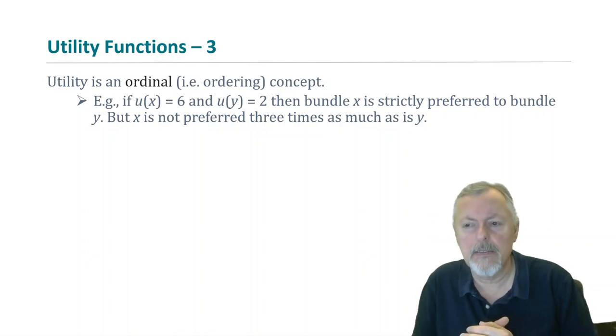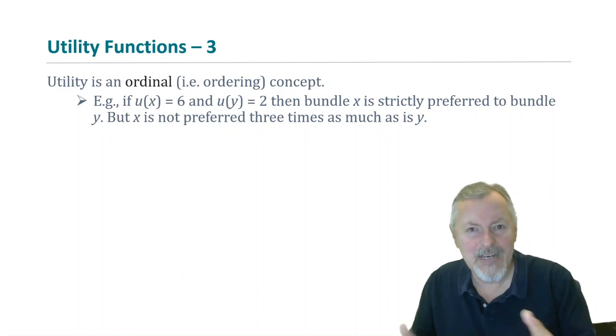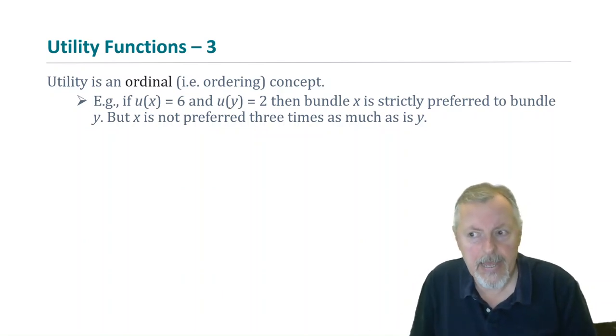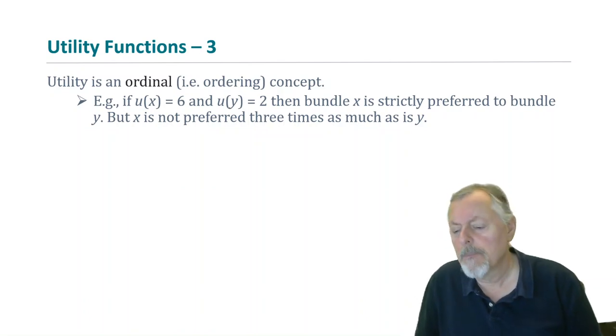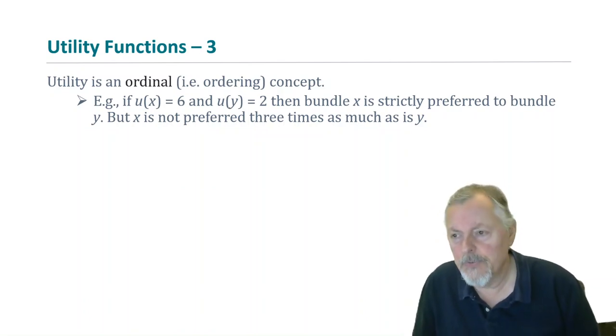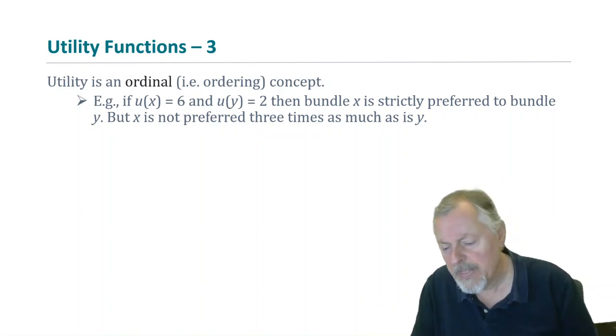That means that the magnitude of the difference between two utilities had some meaning. You could take the average of two. You could do various bits of math on it.